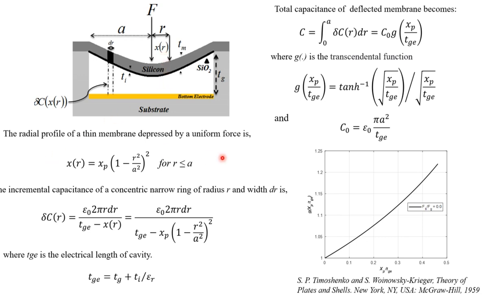Okay, so how to do that? Well, there are texts available on calculation of such thin plate profiles having an aspect ratio around 80.